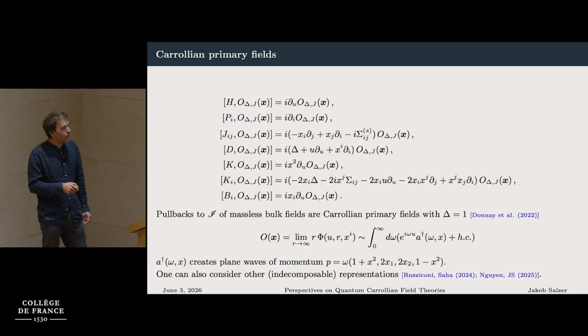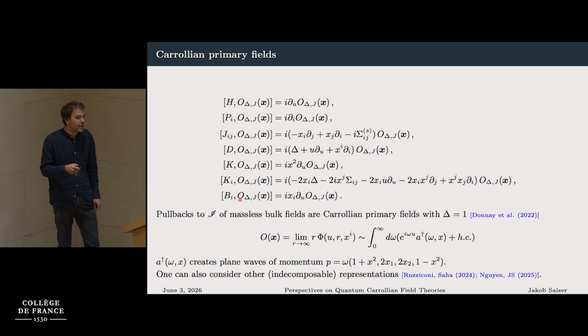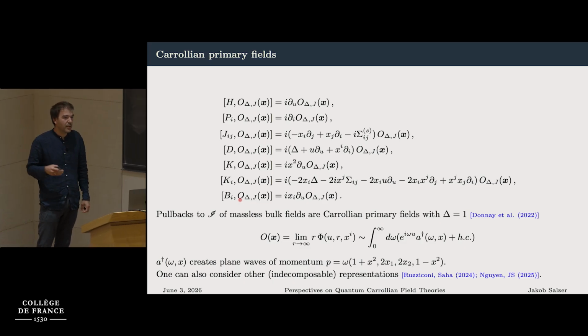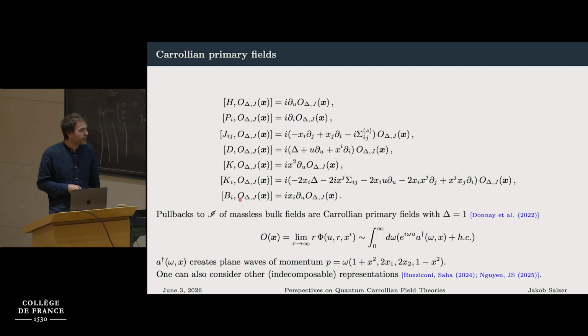Furthermore, if you're in Minkowski space, you can expand this field into plane wave modes. These would be really just creation and annihilation operators that create plane waves of a certain momentum, namely of a momentum pointing into the direction x on the celestial sphere. Then this operator here is nothing but a Fourier transform of this field here, and these create the usual Wigner massless particle states.